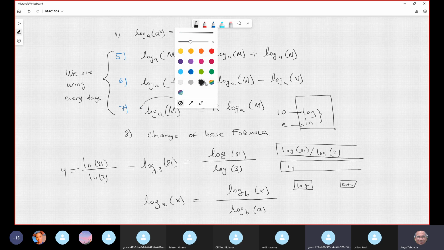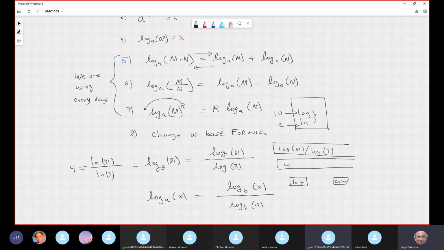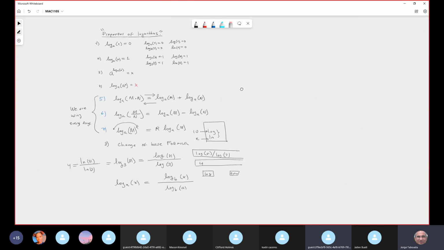We can use it in this direction when you want to expand, but we can use it in the other direction when you want to condense the logarithms into only one. Suppose we have several logarithms, addition, subtraction, and you condense them into only one logarithm. This is super useful for solving complicated equations. Okay, let's practice that.